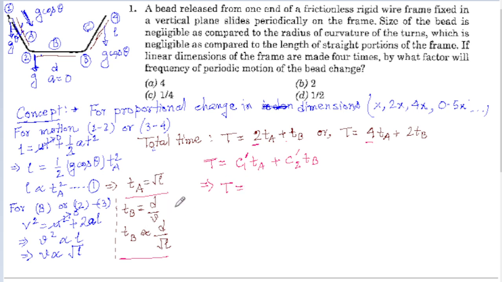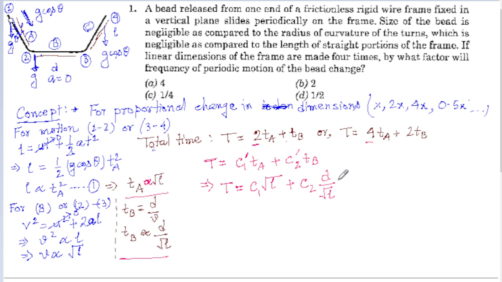As there is a proportionality sign, for removing the proportionality sign and making it an equality, we change c1 dot to c, so t equals c1 into root l, plus the second constant, which becomes c2, into d divided by root l.